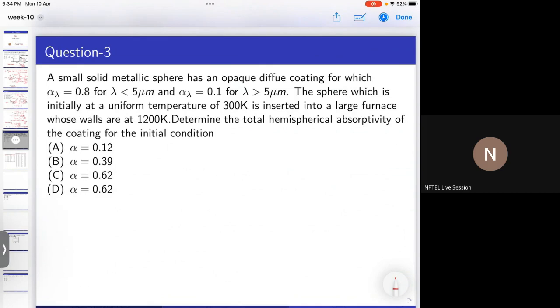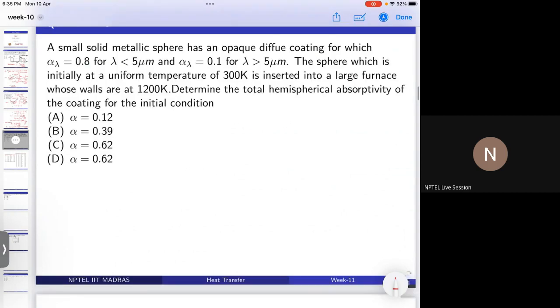It's almost similar to the first question we have done. I will just start solving.